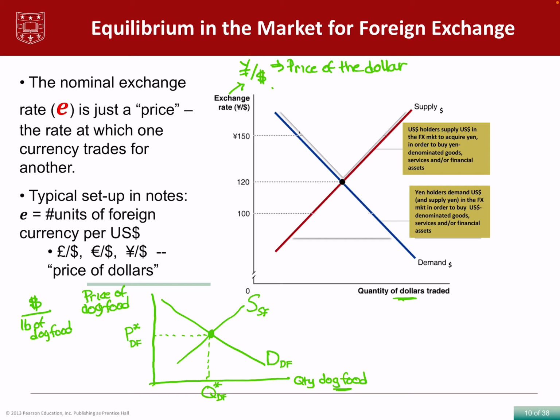On the supply side, we have a similar sort of observation, and that is that dollars are supplied in the foreign exchange market by dollar holders, let's say people in the US, who want to buy foreign currency denominated goods or services or financial assets. So, specifically, again, if we're going to talk about the bilateral exchange rate between Japan and the US, then we would say that the supply of dollars is arising because there are people in the United States who want to purchase, say, a Toyota, where Toyota is denominated in yen.